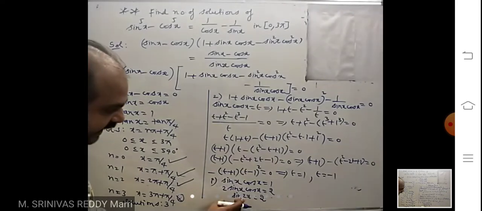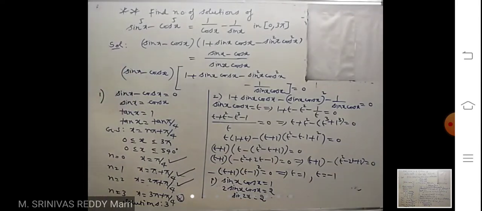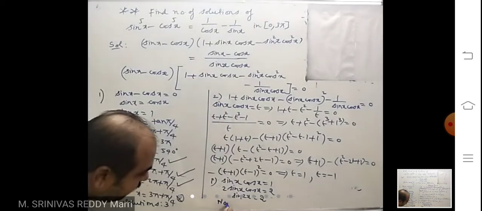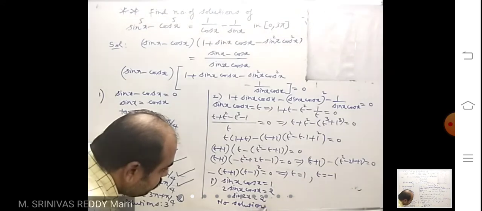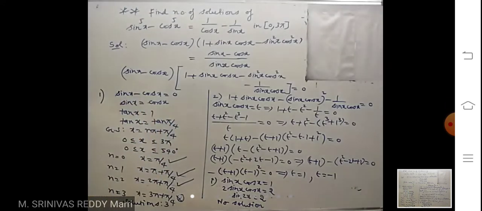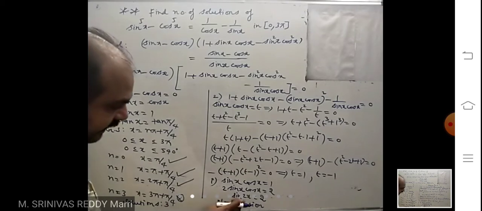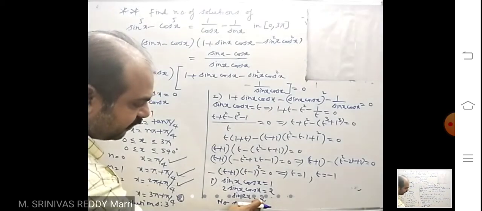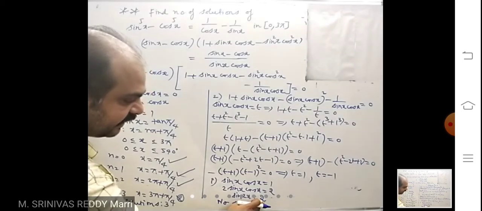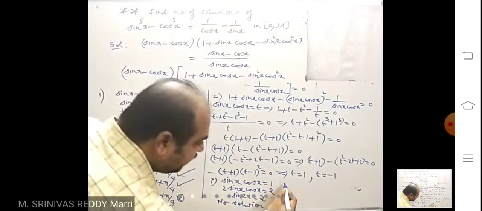What you are getting is sin value equal to 2. That is not possible because the maximum value is 1 only. Therefore, no solution. Sin you will never get more than 1; it lies between minus 1 and 1 only. Here 2 is not possible for any sine function.